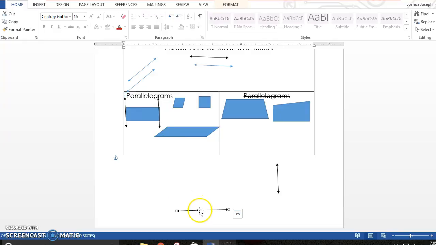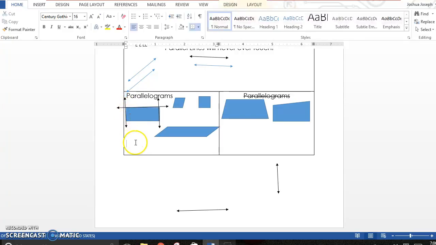But is that true for all the opposite sides of a rectangle? So now let's look at the top and the bottom of a rectangle, and you'll notice that those sides will never, ever touch either. And that's why a rectangle is considered a parallelogram, because all of its opposite sides will never, ever, ever touch.